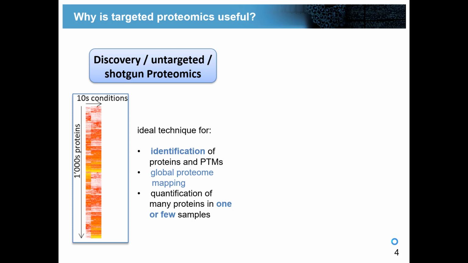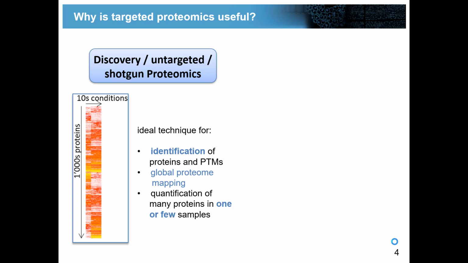Everybody does that. But its major strength is to generate quantitative data matrices like the one here that contain a lot of proteins here on the y-axis. So with DDA, you can identify and then also quantify a lot of proteins.